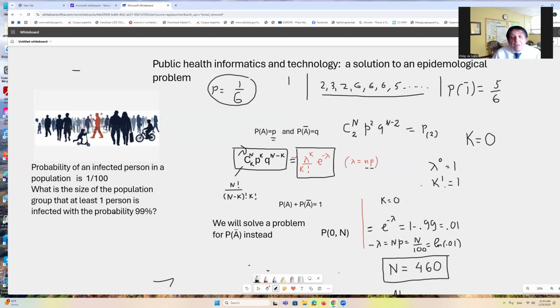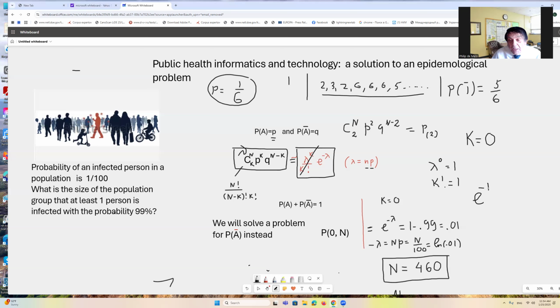So this term becomes 1, and we have just e to the minus lambda, where lambda is np.